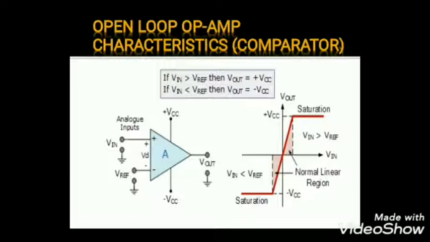In the same manner, if the inverting terminal voltage is greater than the non-inverting terminal voltage, the output will be considered as 0 or negative saturation. Due to these characteristics, it's used in digital circuits. Normally, comparators have a very high slew rate compared to the normal open loop op-amp, because any change in the input must be responded to immediately. That's why they are manufactured like this.